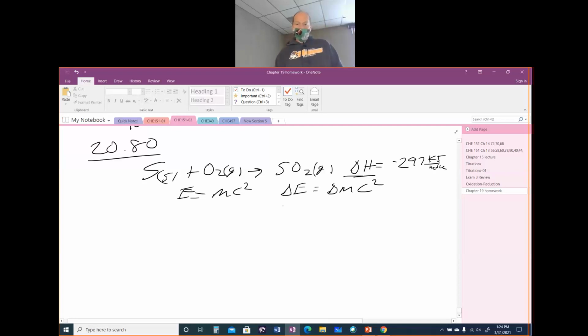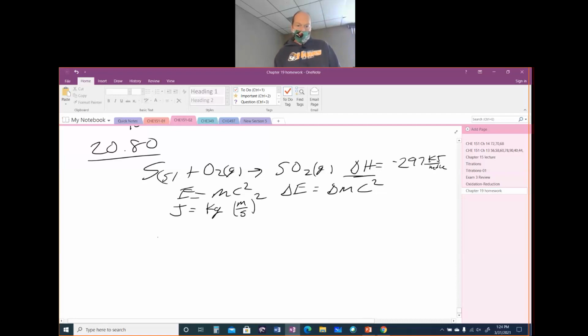You have to know the units. Your energy is going to be in joules. Your mass has to be in kilograms, and your speed of light has to be in meters per second, because a joule is equal to a kilogram meter squared per second squared.